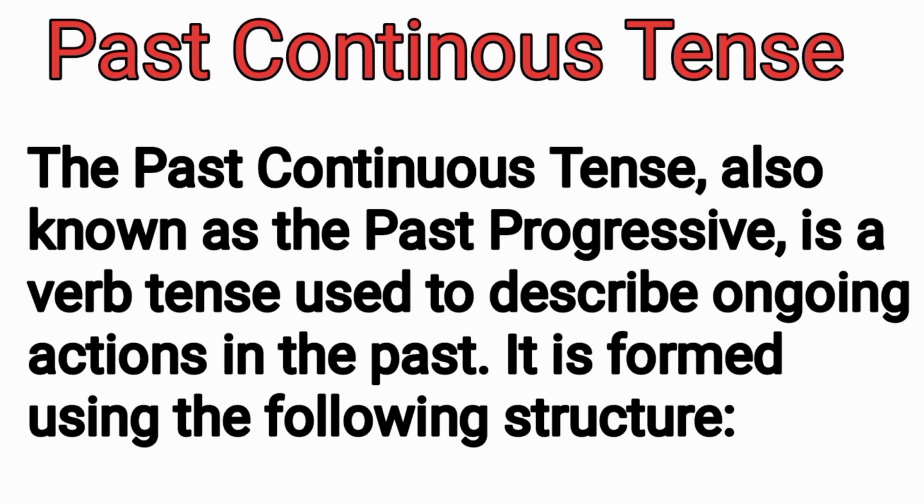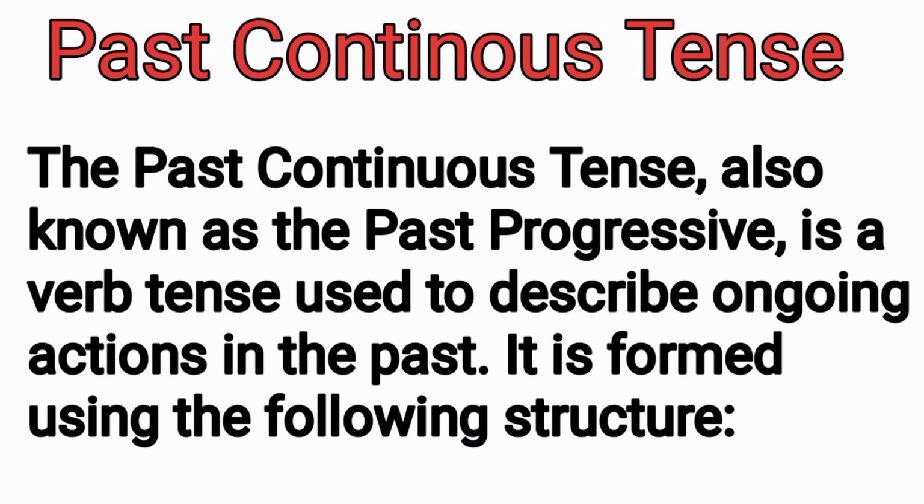Past continuous. Now we have to discuss another tense, the past continuous tense. It is also known as the past progressive tense. The past continuous tense, also known as the past progressive, is a verb tense used to describe ongoing actions in the past.